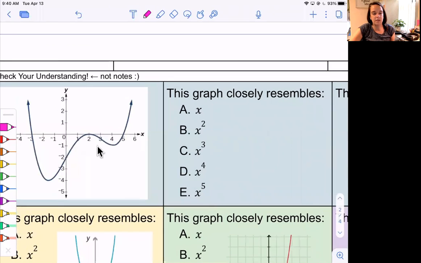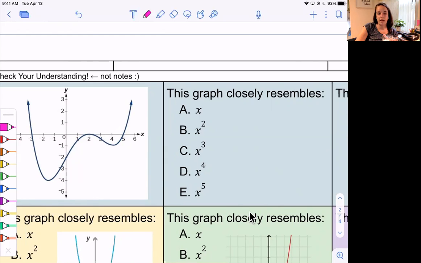Is this x to the 4th? Is this x to the 5th? What graph is this? Vote. You have 5, 4, 3, 2, 1. Get those votes in, and 0.